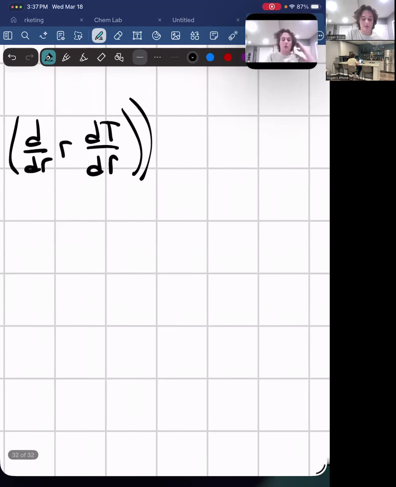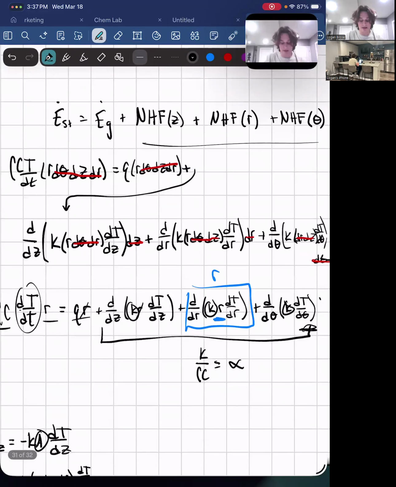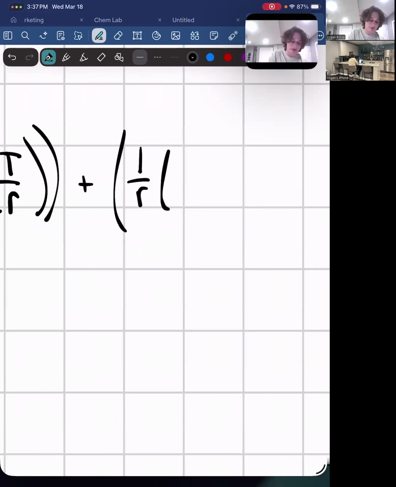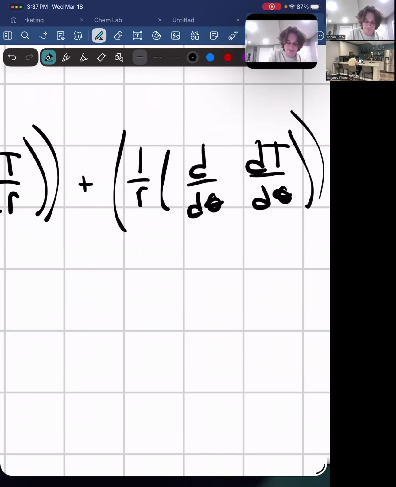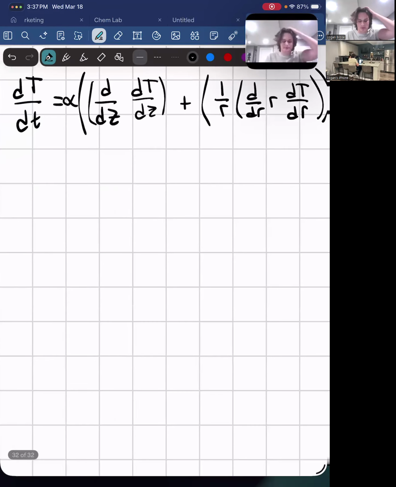And then we can move on to our theta term, which will be a 1 over r, because we didn't have that r term in the theta term because we didn't need to account for it in our area. So that r term is new. And then we can multiply by our d theta dT d theta. So this is our new equation.